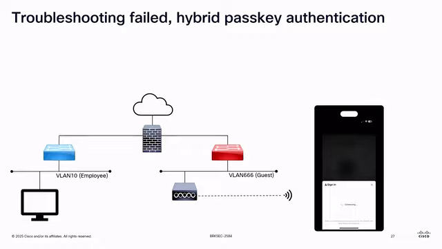And the connectivity in my field environment looks slightly different. My access device, my Windows device, was physically attached, or cabled, to the blue VLAN. My iOS device was layer 2 associated and layer 3 connected. And on both devices, I could happily browse the internet, HTTP as well as HTTPS. Now, I tried to do the same hybrid passkey authentication, but this time it failed. The iOS device was stuck in the connecting phase, and I had absolutely no idea why.